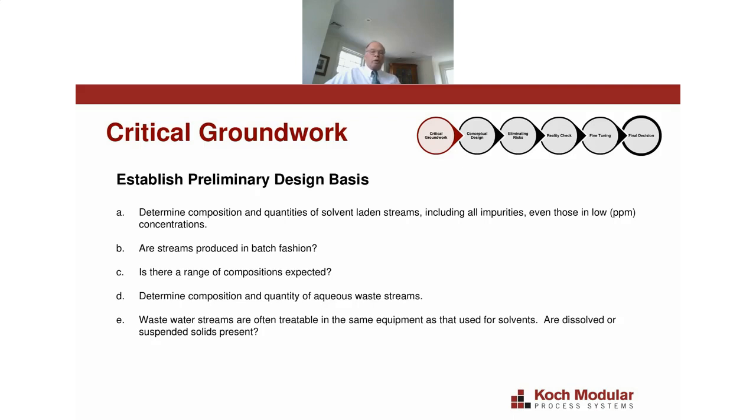So if you have multiple sources of the solvent mixtures that get mixed together, you need to determine the composition of those solvent mixtures, including all of the impurities and solutes that can be present. It's very important to understand all of the impurities that can be present, and of course the quantities of the solvents that have to be processed.